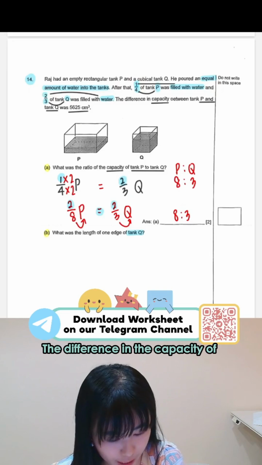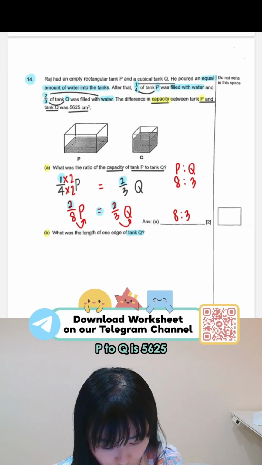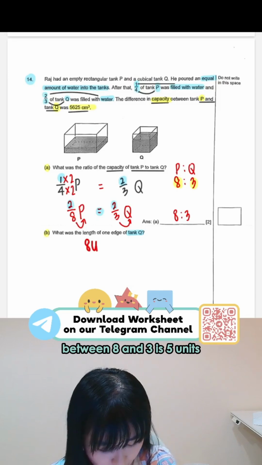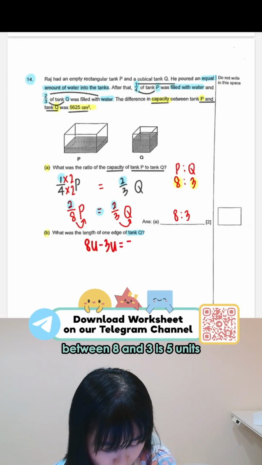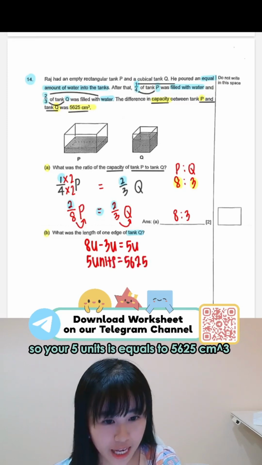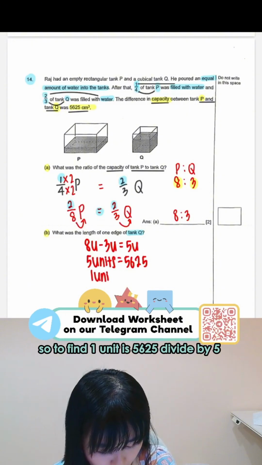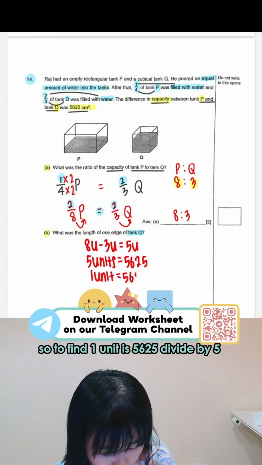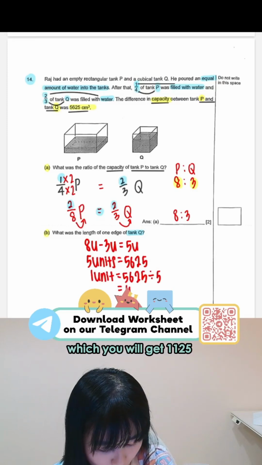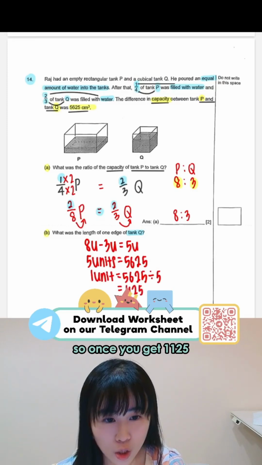The difference in the capacity of P to Q is 5625. We all know that the difference between 8 and 3 is 5 units. So your 5 units equal 5625 cm³. To find 1 unit, 5625 divided by 5 gives 1125.